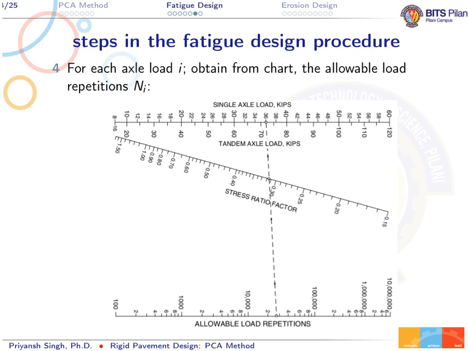Let's suppose you have a single axle load of 36 and a stress ratio factor of 0.317. So if you have a load of 36 kips in single axle and a stress ratio factor of 0.317, you will have the allowable number of repetitions as 25,000.